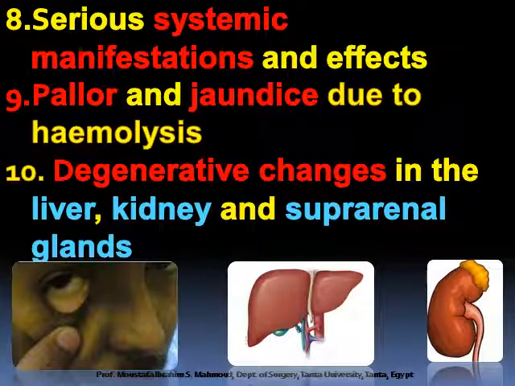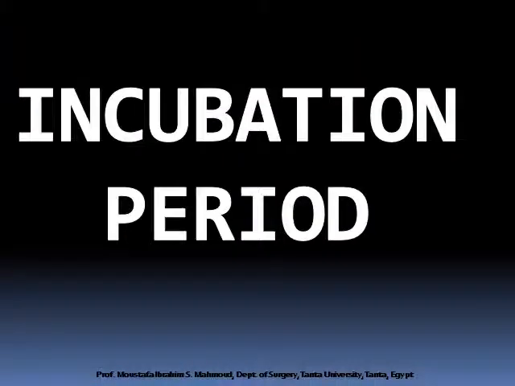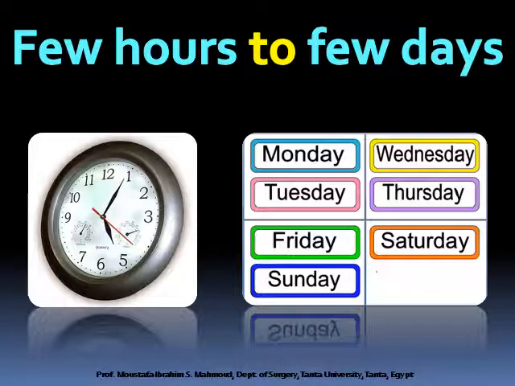Serious systemic manifestations and effects: pallor and jaundice due to hemolysis, degenerative changes in the liver, kidney, and suprarenal glands. Incubation period, few hours to few days.